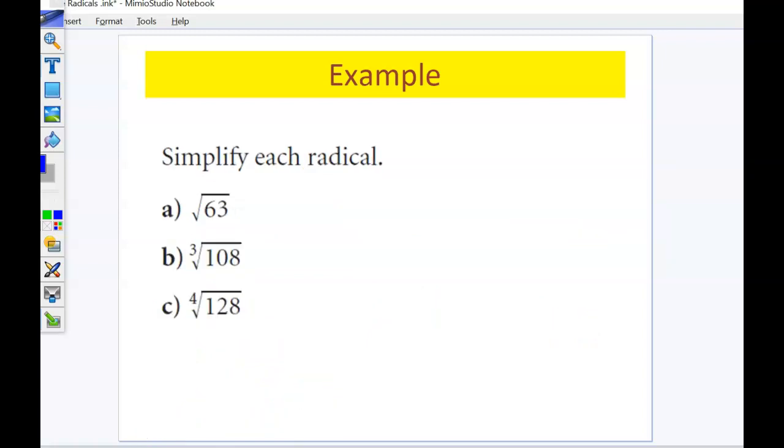All right, I want you to take a second to try these ones on your own. Okay, I'm hoping you had time to try those. So again, we want to look at the square root of 63. The square root of 63 would be equal to 9 times 7, and the square root of 9 is 3, so we would be left with 3 root 7.